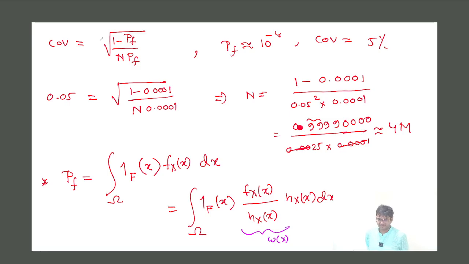H. So, this is I times W. I times W, you can assume it to be a variable a hat. So, integration of a hat multiplied by h dx, that is the expectation of a hat, right. Remember, integration of gx fx dx is equal to expectation of gx, that is the thing we are doing.